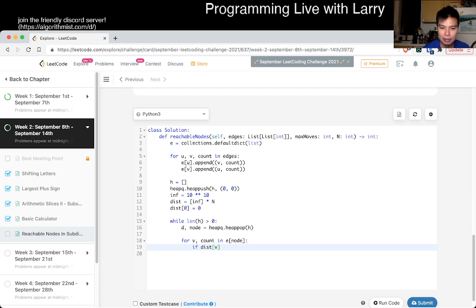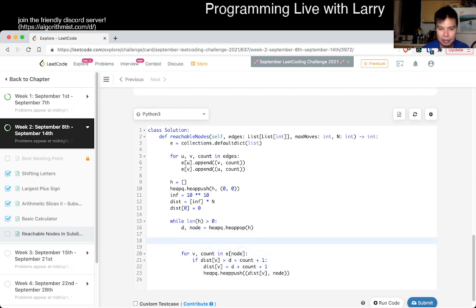Okay, if dist of v is greater than d plus count plus 1, then we want to set this equal to d plus count plus 1, and then put that on the queue. Let's see, we push new distance and the node. Yeah, okay, this is okay, right? Why does this feel so too short? I feel like I'm missing something really obvious, but okay, fine.